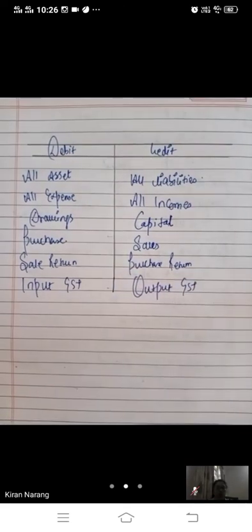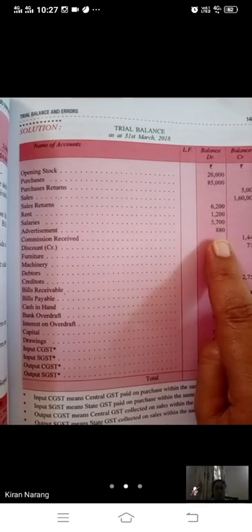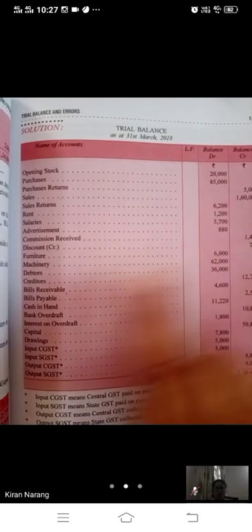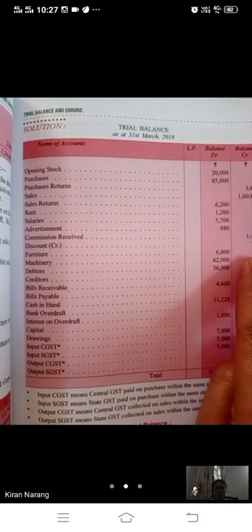So this is the nature of certain items. If you know the nature, bache, you will write opening stock on the debit side, purchase debit, purchase return credit, sales return debit, rent, salary, advertisement debit, all are expenses. Then commission received, it is an income. Discount, in front of discount it is written credit, so you will write on the credit side.